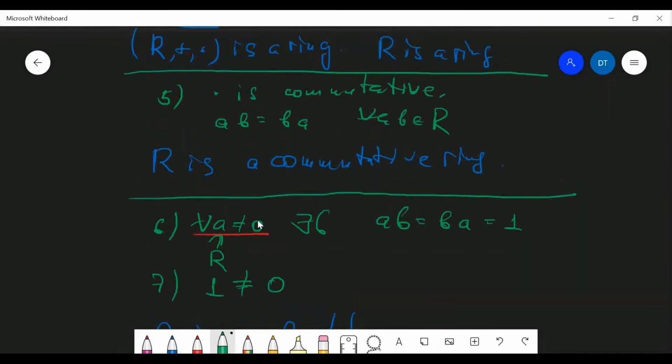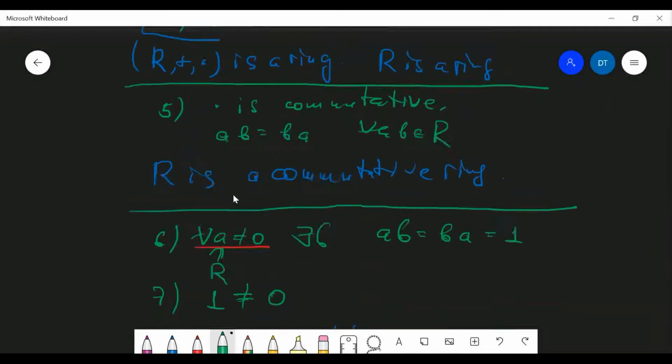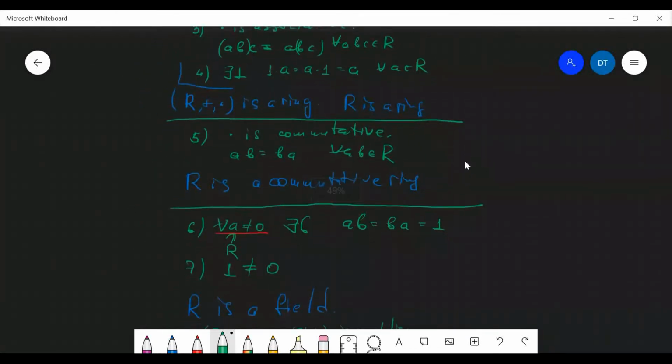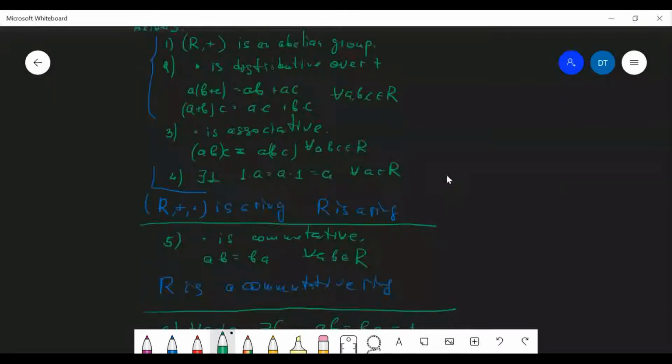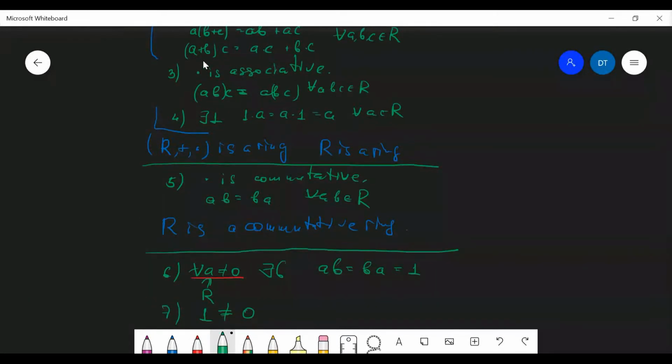As you can see, here we have four properties for addition. Let's see how many properties we have for multiplication. First of all, here we have the associativity law for multiplication. It's exactly the same as for addition, so there is no difference.